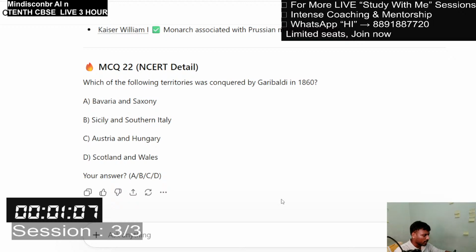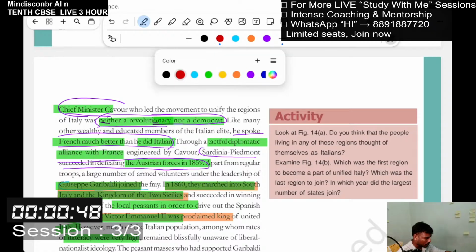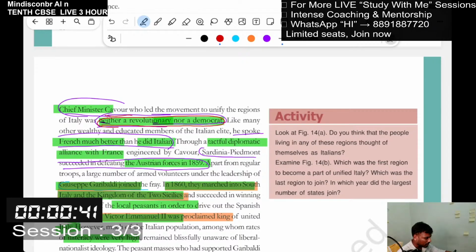Because in the NCERT textbook, while defining Cavour, it is said that Cavour was neither a revolutionary nor a democrat. Like many other wealthy, educated members of the Italian elite, he spoke French much better than Italian.